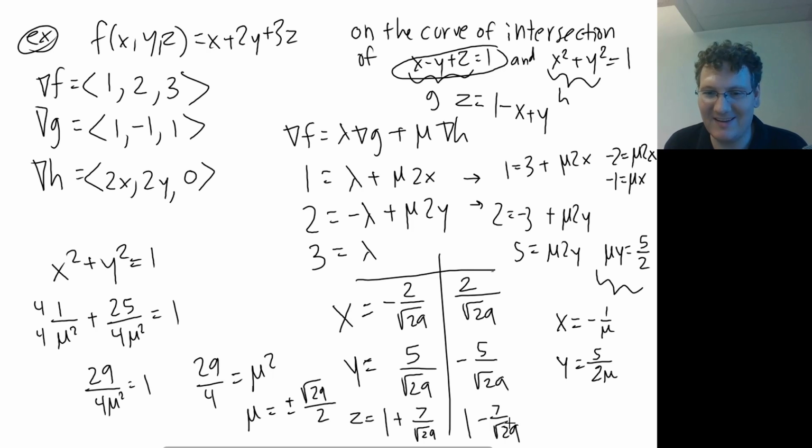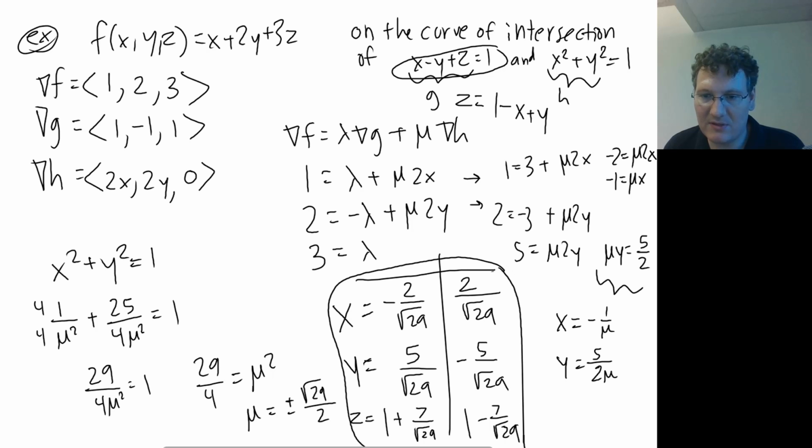Yeah, that makes sense. So, okay, what we've got is we have 2 points. And now it's just a matter of plugging those into the equation and seeing where we have maximums and where we have minimums.